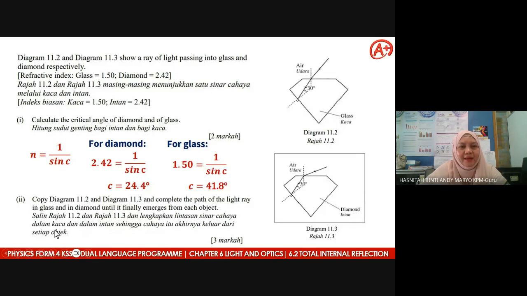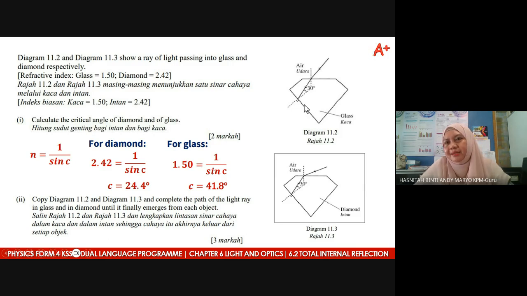Okay, second, you are asked to copy diagram 11.2 and 11.3 and then complete the path of the light ray in both glass and diamond until it finally emerges from each object. Okay, so how to draw? You draw for both glass and diamond.